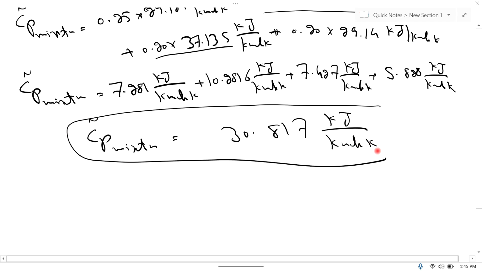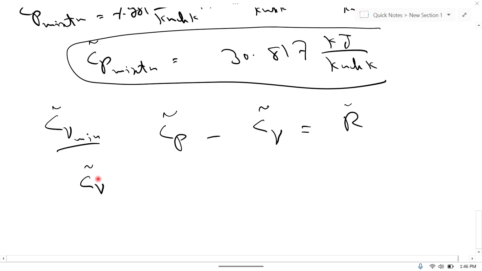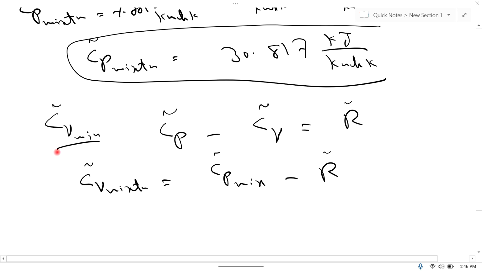Now we are finding Cv dash for the mixture. As we know, Cp dash minus Cv dash is equal to R dash. Rearranging this equation, Cv dash for the mixture is equal to Cp dash for the mixture minus R dash, the universal gas constant.